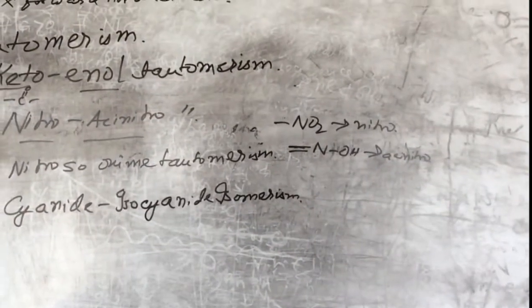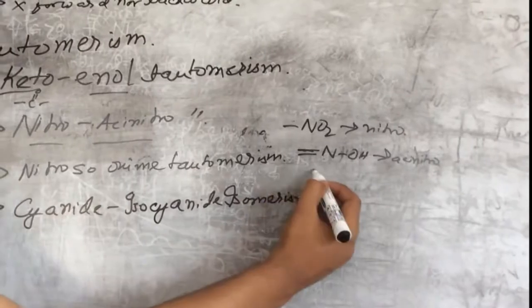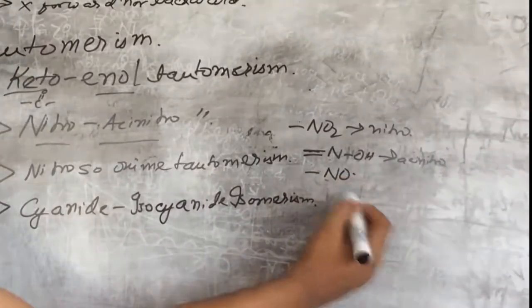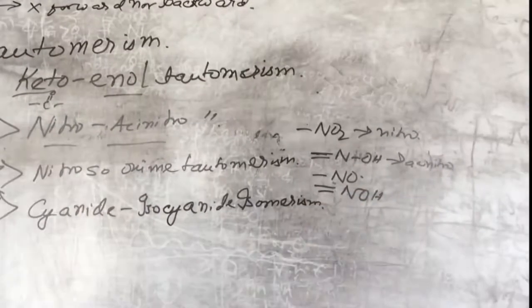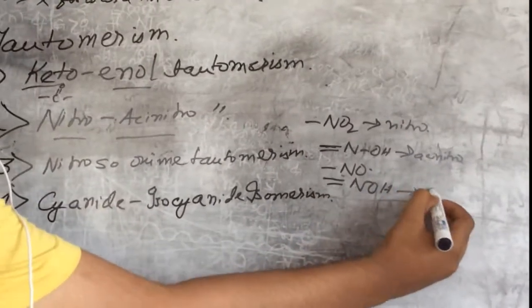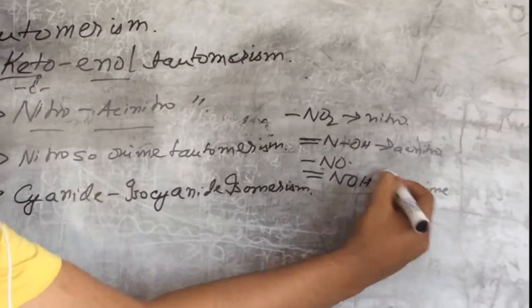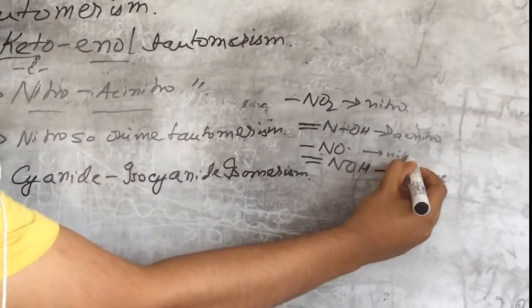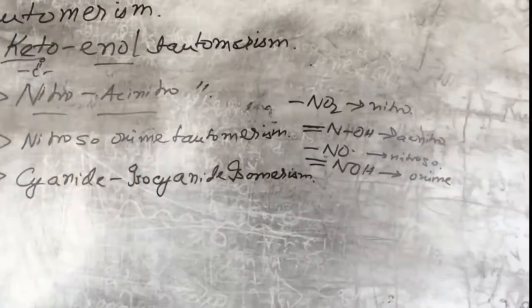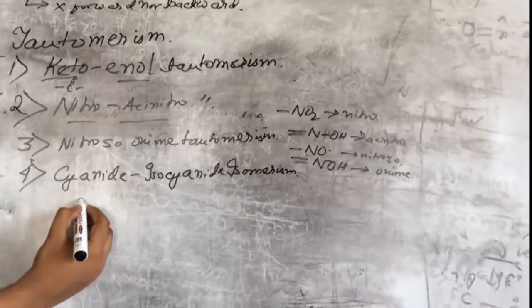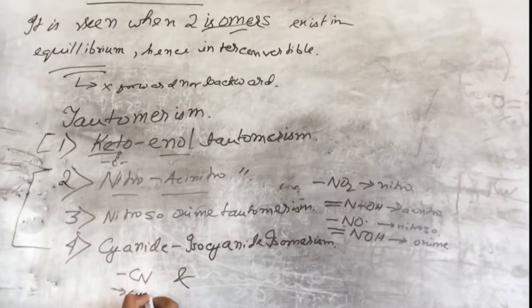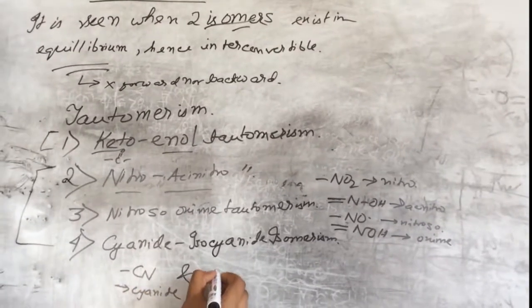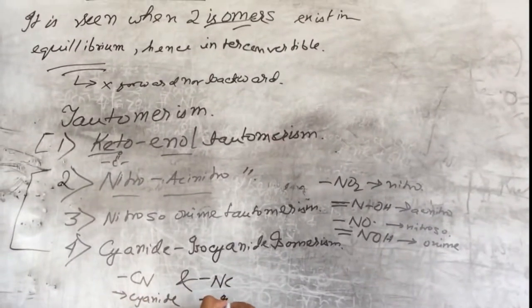And for nitroso-oxim, we have nitroso is NO and oxim is NOH, double bond, this one, oxim, this one is nitroso. And cyanide, isocyanide, you know that cyanide is CN and isocyanide is NC.